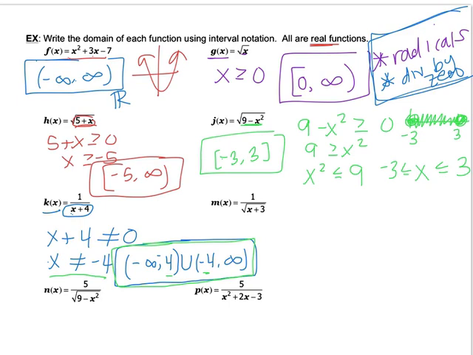So at this point, now you've seen a lot of examples that basically cover our two main things. We're looking out for radicals and division by 0, and we're looking for limitations on the domain. So I will continue working through these, but I would encourage you to pause and try these last 4 on your own and see how you do, and I'll talk through each one.